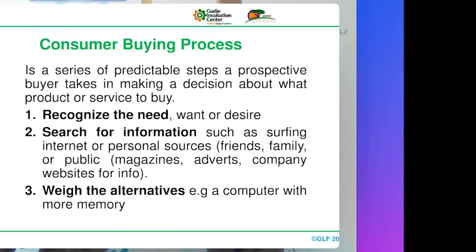Then later, number 2 is search for information. A customer will look for information about that product. If it is chicken, he has to look for the chicken either on friends, internet, family, magazines, adverts, websites, etc. If it's a Samsung phone, a Tecno phone, he has to look for sources of that product because he has a need.